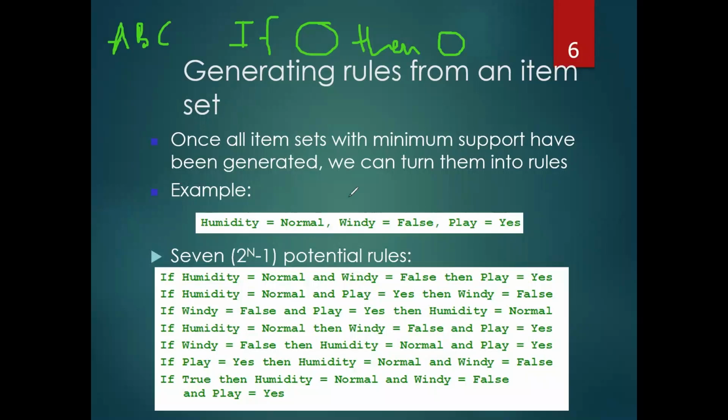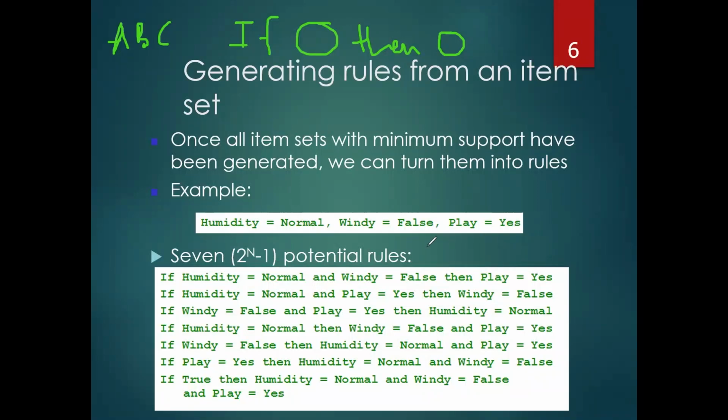If you have n items, you can have 2 to the power n minus 1 potential rules. That's what it means. Any questions on this? Let me reiterate what is discussed. The idea we were discussing is generating association rules. When we say association, we can create rules with any attribute value combinations. The first step is you select some item set, and each item set we convert into a rule set.